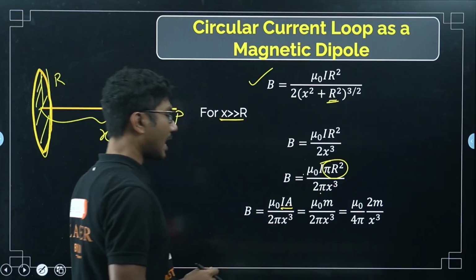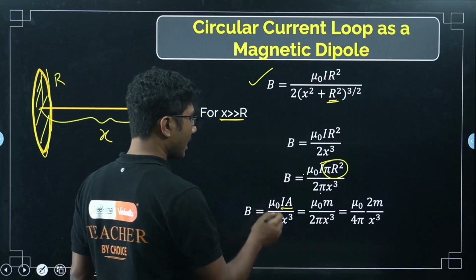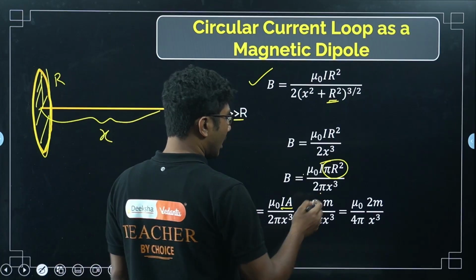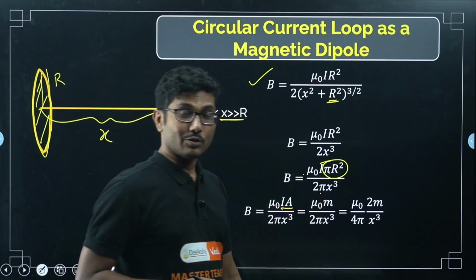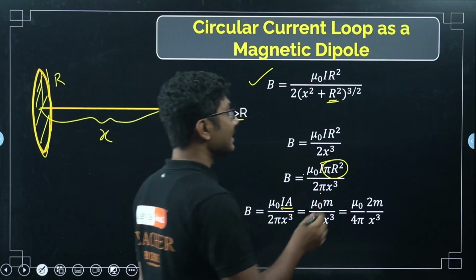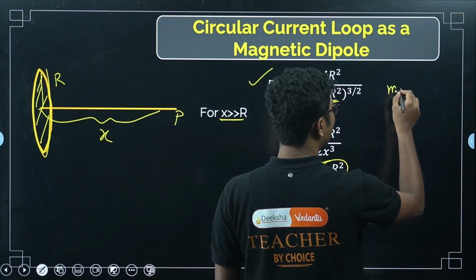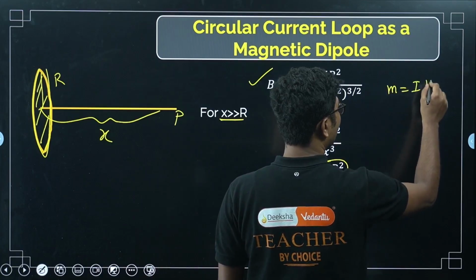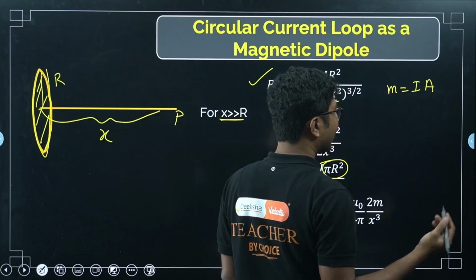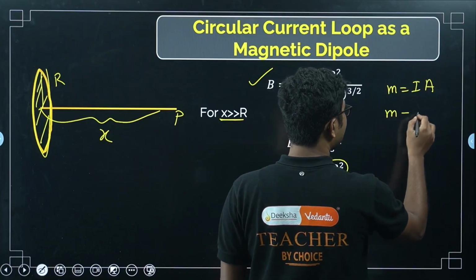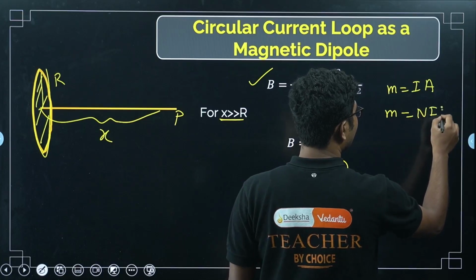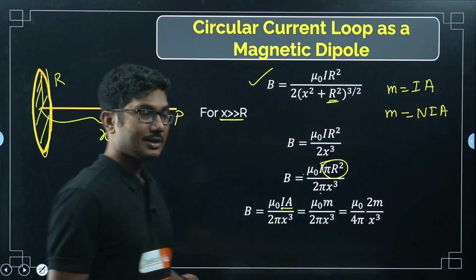So mu naught I A divided by 2 pi x cube. What is I A? I A is basically the magnetic dipole moment for a single loop. For multiple loops, if there are N turns, then we write it as N I A.